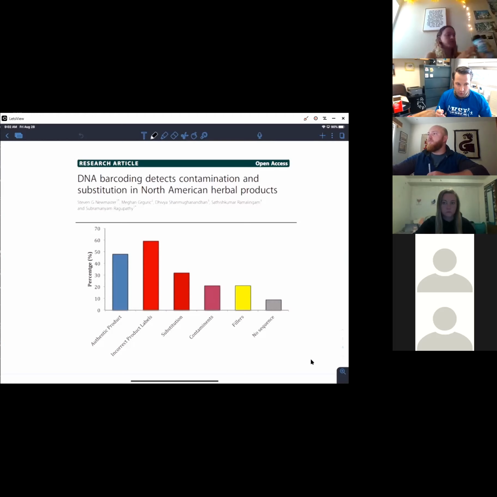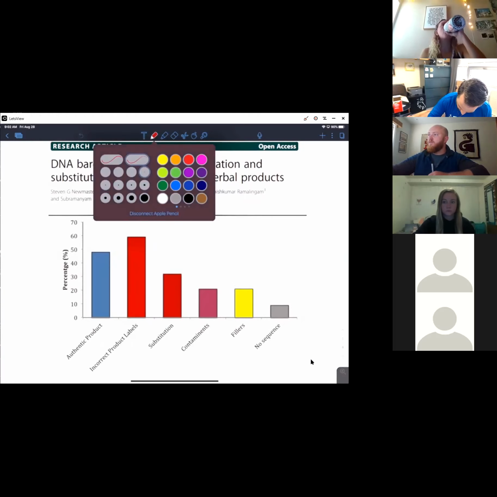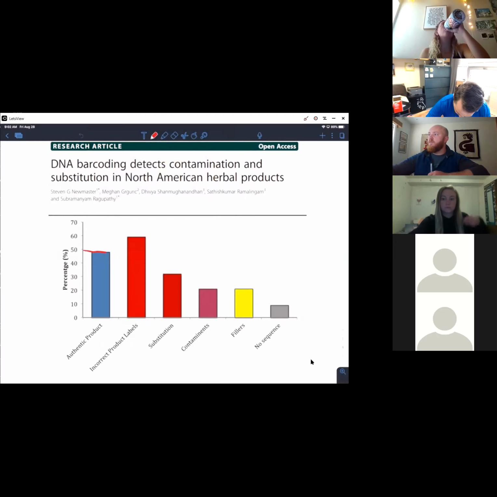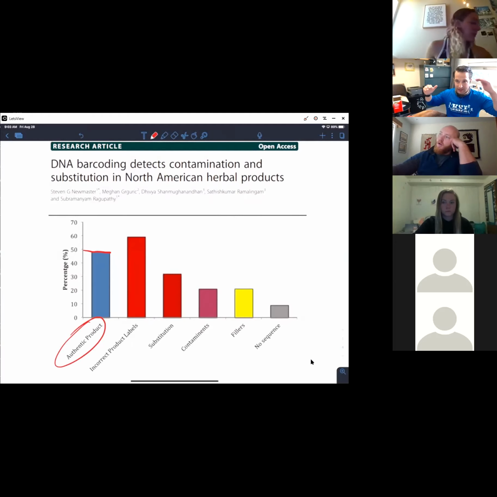And what they found is overall, just about 50% of the products they had were authentic. So 1 out of every 2 supplements that they tested actually lined up with what they said. Okay, this is supposed to have creatine in it. Guess what? Mass spec says this has creatine in it.